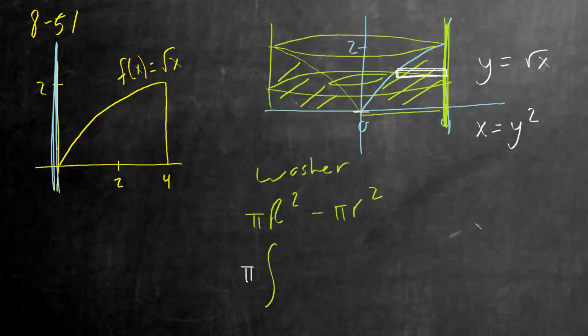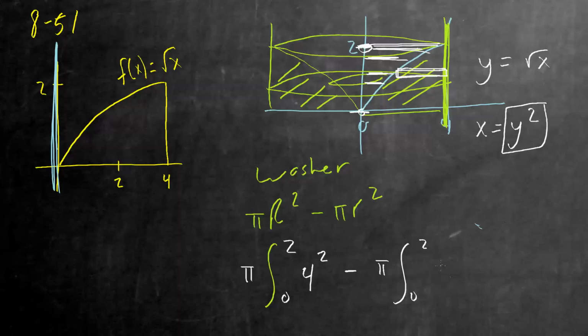Now if we're doing y's, we're going from 0 to 2. My big radius is the 4. And my inner radius, let's take a look. Right here, I'm subtracting this, this, and this. So what are those values? Here y is 0. Here I want to subtract the whole thing of 4. So that's just going to be my y squared, squared. Good to go.